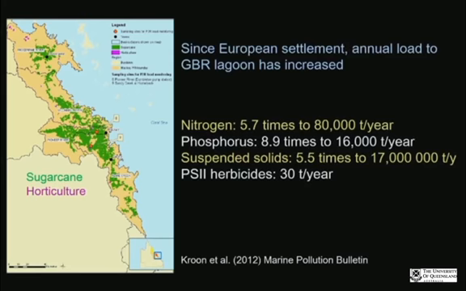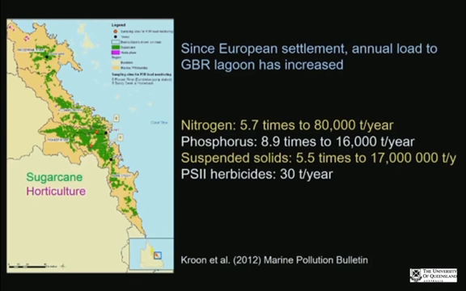And if we look at the numbers, since European settlement, annual loads to the Great Barrier Reef have increased. Nitrogen, nearly 6 times higher, 80,000 tons per year. Phosphorus, nearly 9 times higher, 16,000 tons per year. Suspended solids, which is a different word for soil that you actually want to keep on the land, nearly 5.5 times higher, at 17 million tons per year.